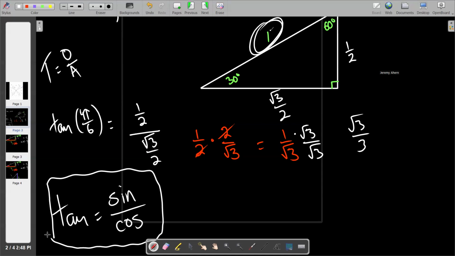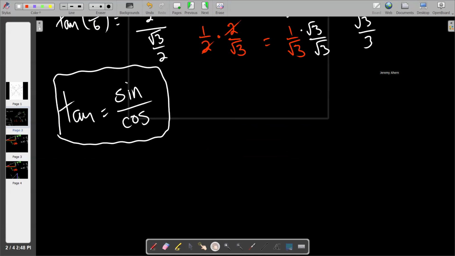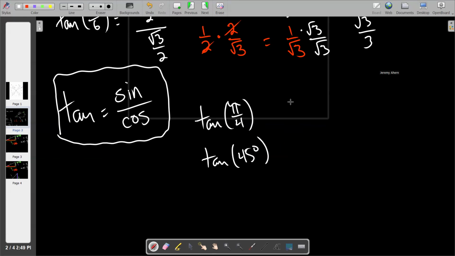So that should help you to see why it's so obvious that the tangent at pi/4 or 45 degrees is 1, because you're taking √2/2 and dividing it by √2/2. And what's anything divided by itself? 1. Does anyone need to go over that again?